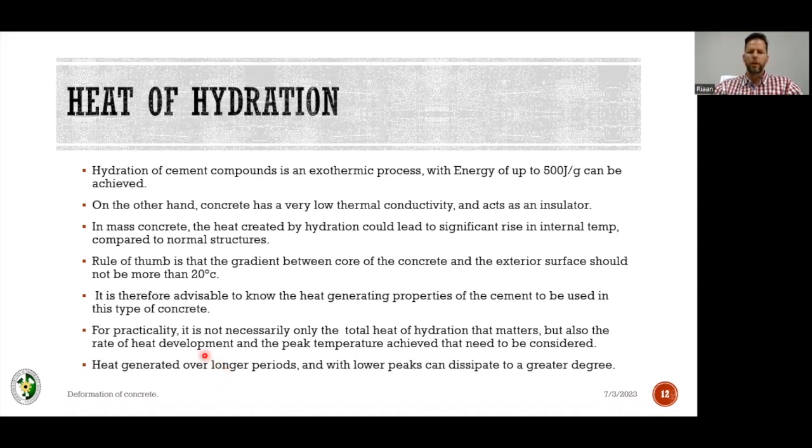Now, there was a project where heat of hydration was a major concern for a dam wall in the Lesotho Highlands, and a Chinese company, Sinohydro, was tasked with the construction of the dam wall, and it was constructed with a roller compacted concrete. Concrete grade strength 20 MPa at 90 days.